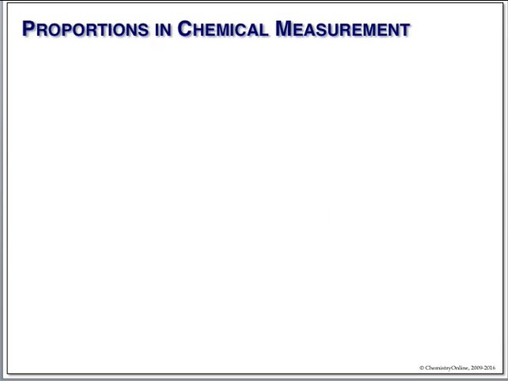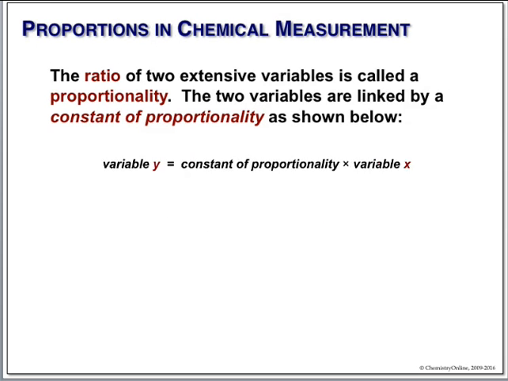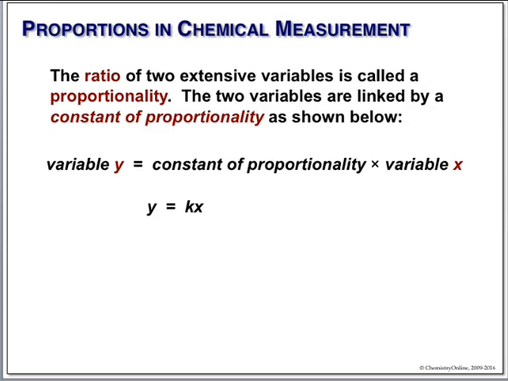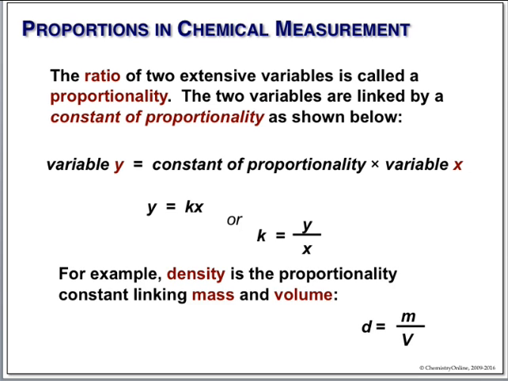All right, the second part of this, we're going to deal with proportions. Now, we deal with proportions all the time, even if we don't know it. And when we get to the chapter on gas laws, what we're talking about here is going to be very important.